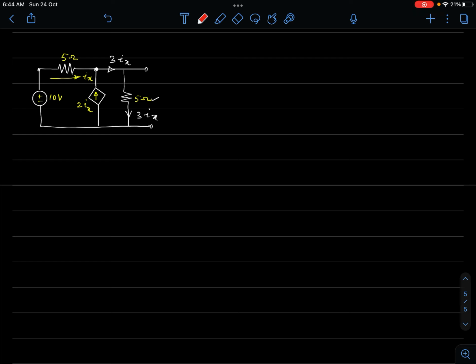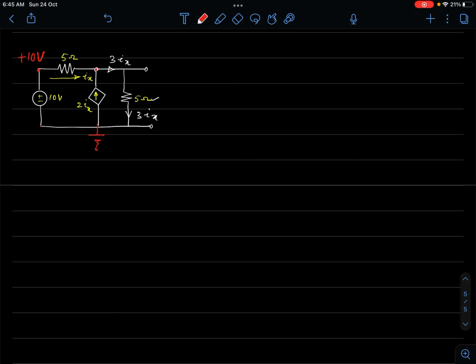All right. So in the node voltage technique, what we tend to do is we have one of the nodes as the datum node, right? So I'll take this node as the datum node. If this is the datum node, with respect to this, I can define the potential of this point to be plus 10 volt, because this end of the 10 volt source is 0, so this has to be at 10 volt.